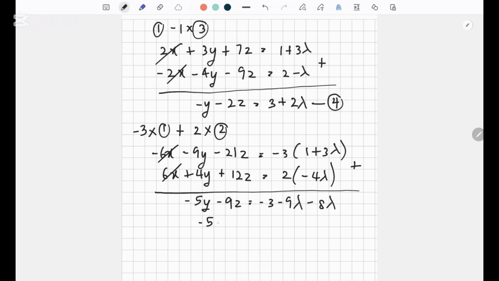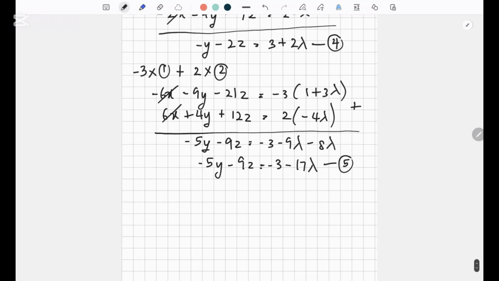So this gives you minus 3 minus 17 lambda, right? This is your fifth equation. And now you have to solve your fourth and fifth equation.